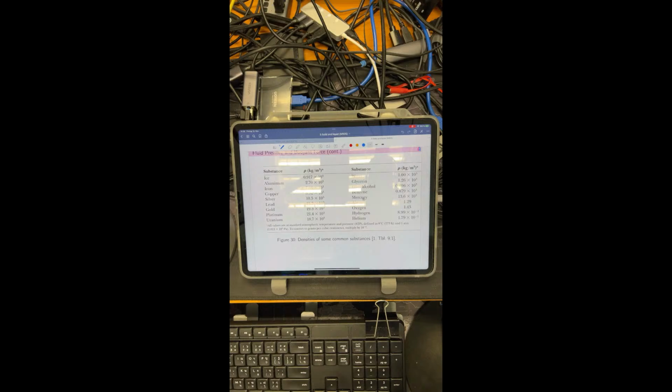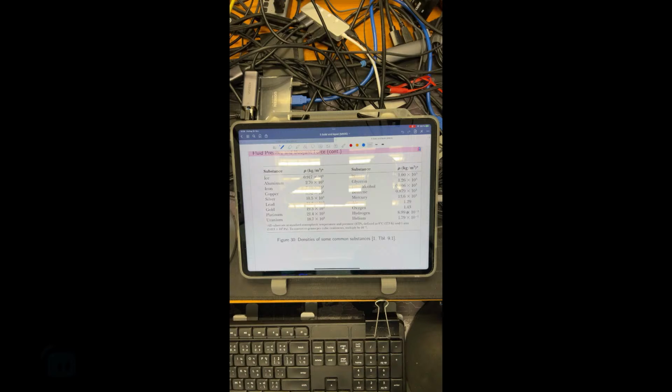And now we reach the gas phases. Air has 1.29, not 1,000 anymore, because this is the gas phase. Oxygen has a density of 1.43.